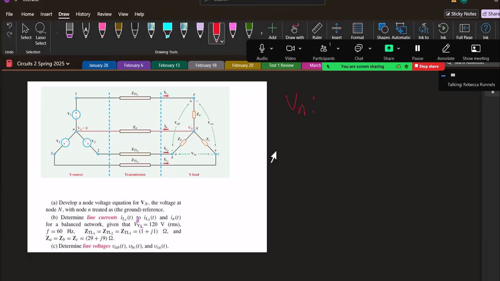what currents do we have going out? We have a neutral current going IN. And what currents do we have coming in? I line current 2, 3, and 1. Those are transmission currents, right? Yes.